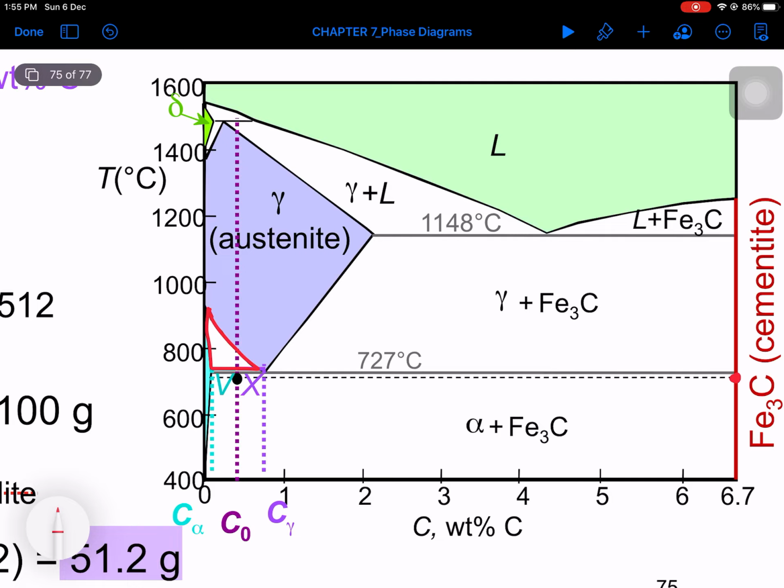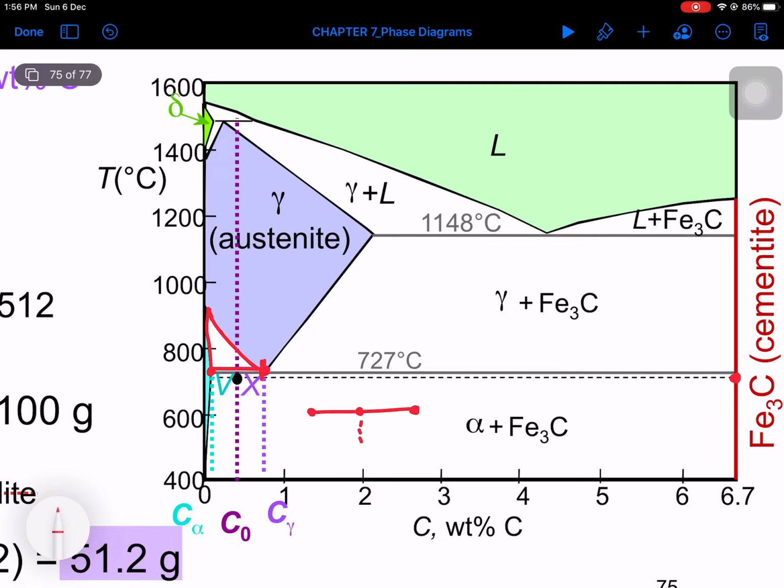The limit is at the eutectoid composition. So the tie line now only stretches from here to the eutectoid composition, like this.